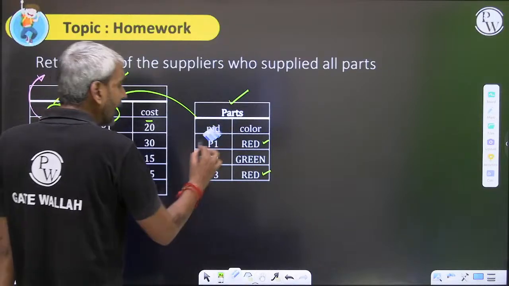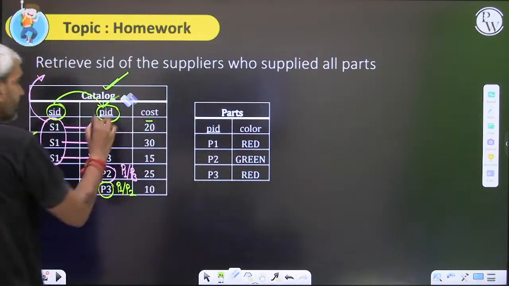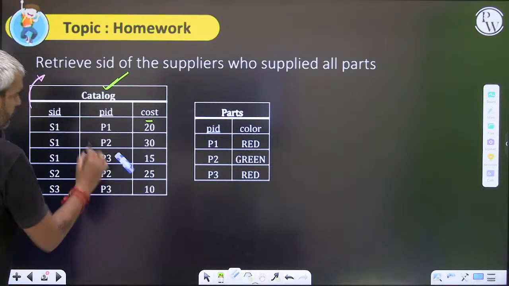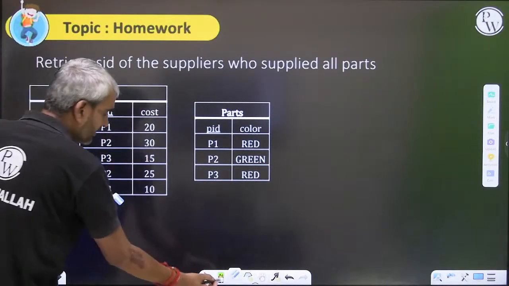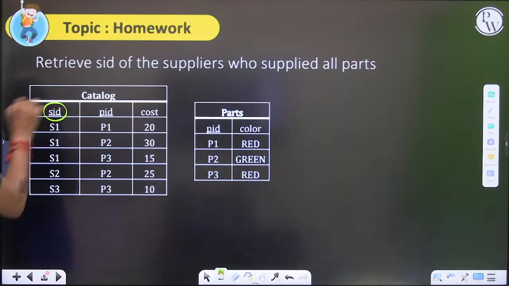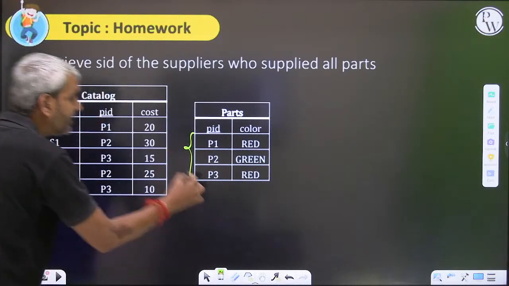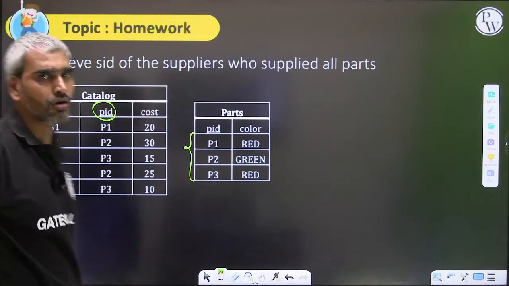Clear? So, how exactly do we determine the SIDs of the suppliers in the catalog table which are associated with all the PIDs of the part table?